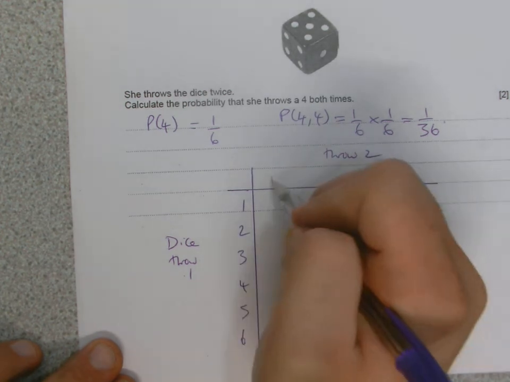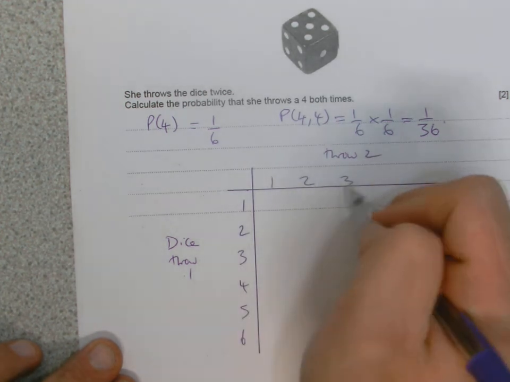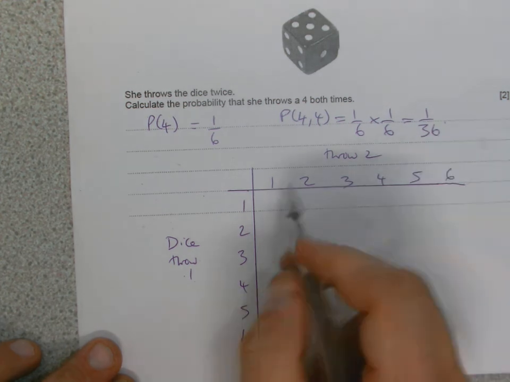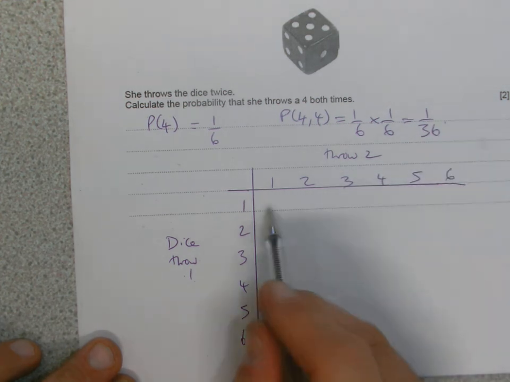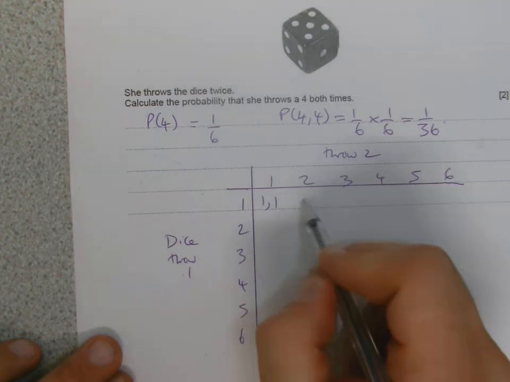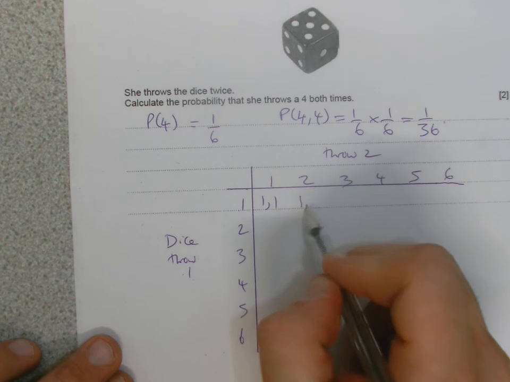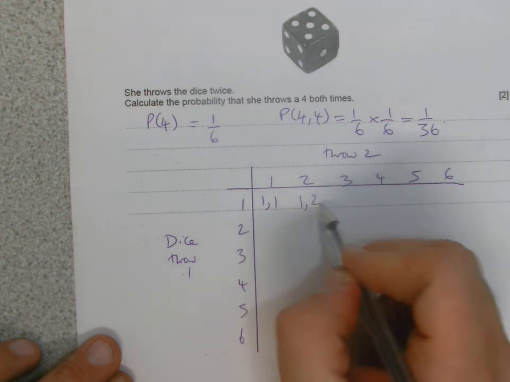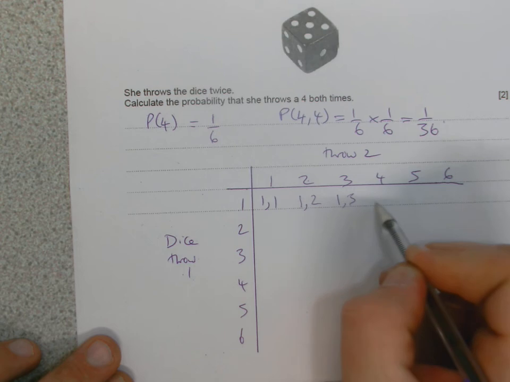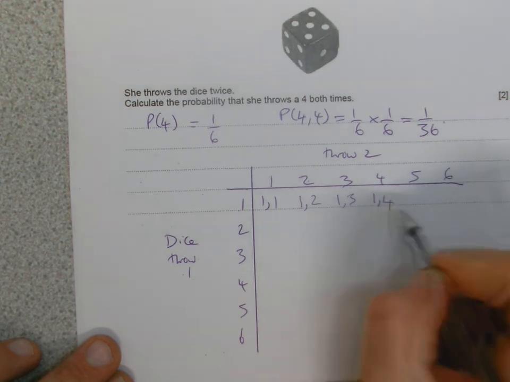On throw 2, you also have 6 possible outcomes. If I list the outcomes, I'd get 1 on the first throw and 1 on the second throw, so 1, 1. If I had 1 on the first throw and 2 on the second throw, I'd have 1, 2. That would be my outcome. Or 1 on the first throw, 3 on the second throw, and so on.